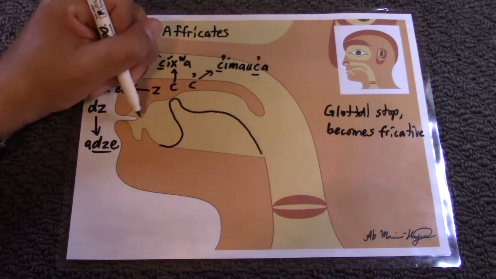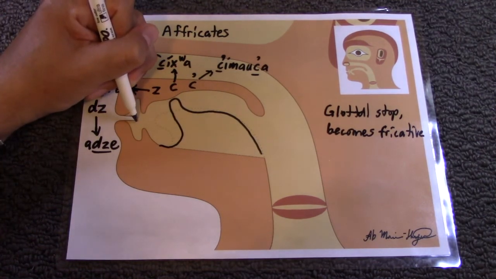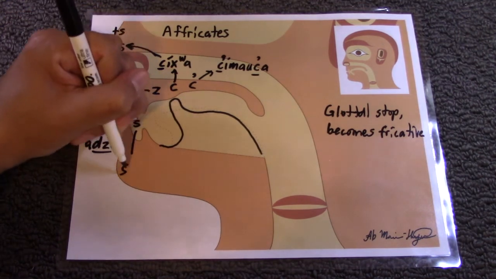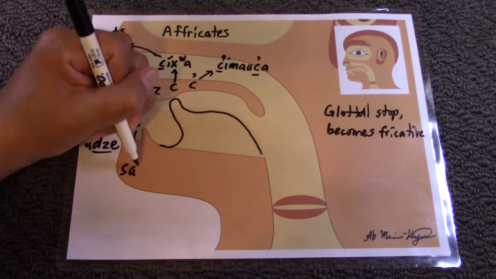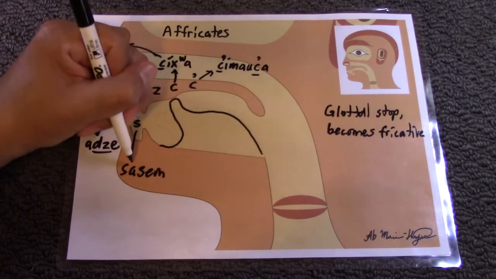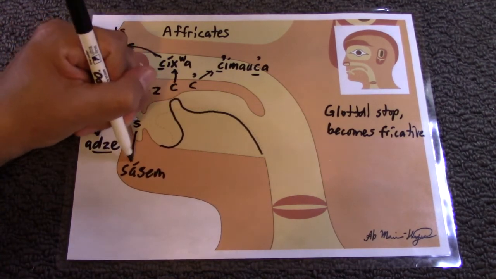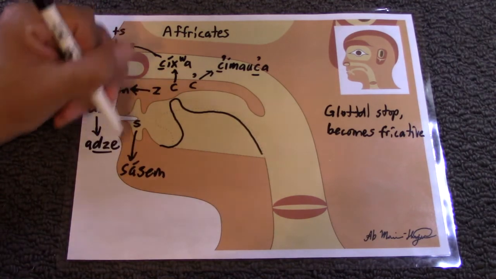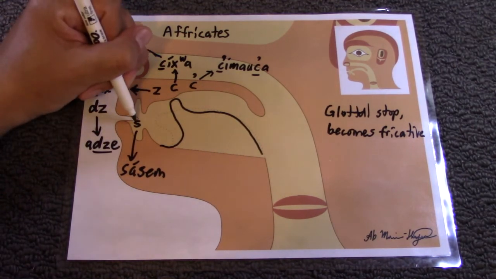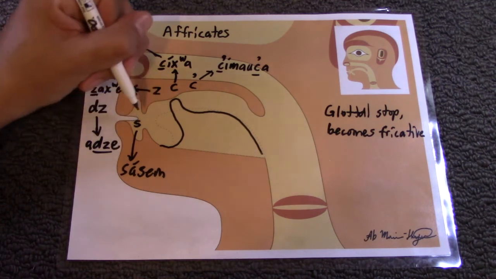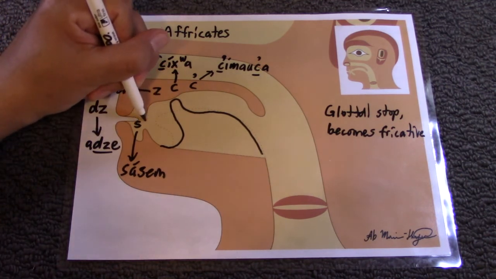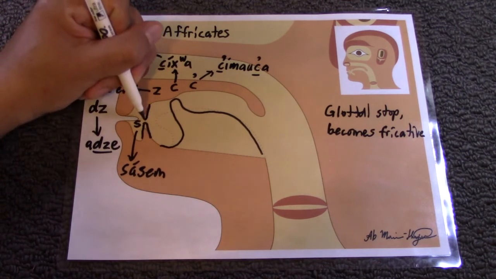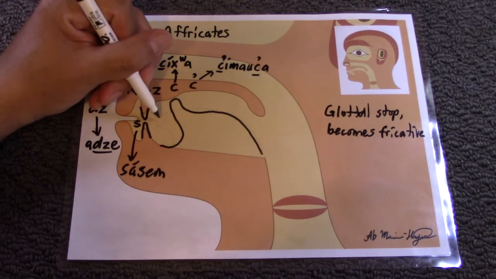And then we have S. And the example we can use here is sasam, which is children. So it's just like the S in English, and the way this sound is produced is through us bringing our teeth closer together, so they're almost closed but not quite.